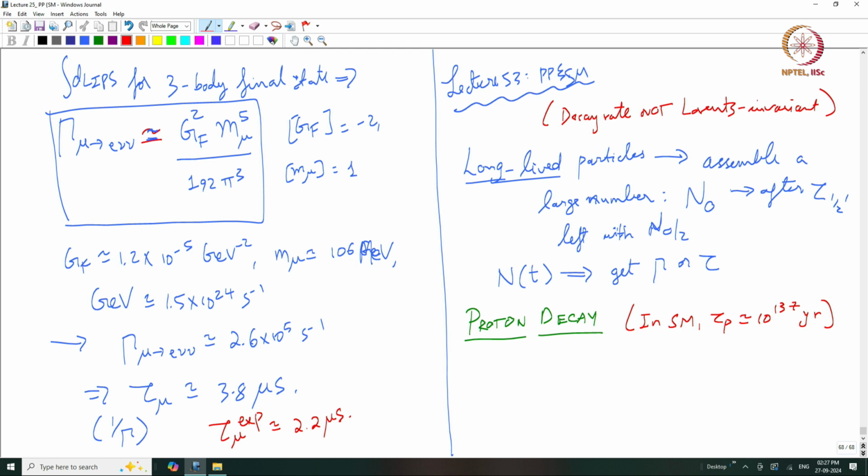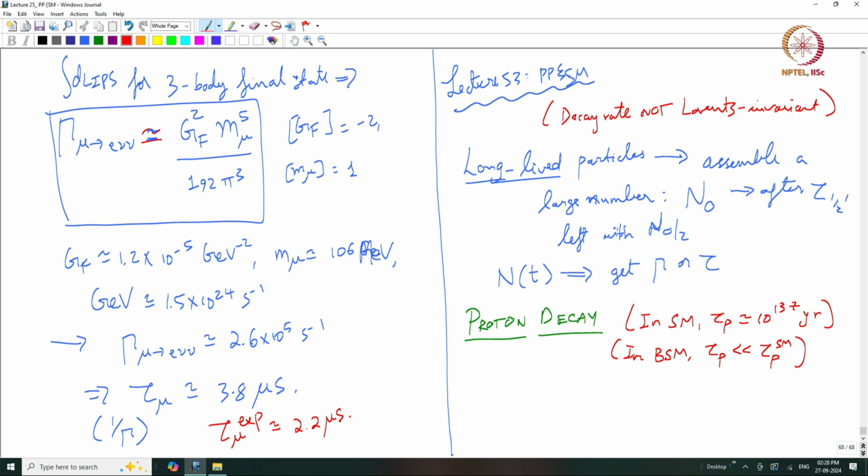But in theories beyond the Standard model, usually written as BSM, the proton decay rate could be much larger than the proton decay rate in the Standard model, which is 10 power 137 years. Okay. There are many such theories, especially involving things called grand unification of forces and all that, but you can write down any number of theories for proton decay.